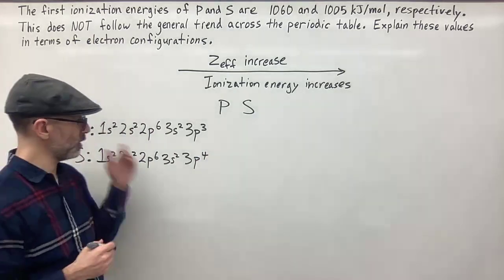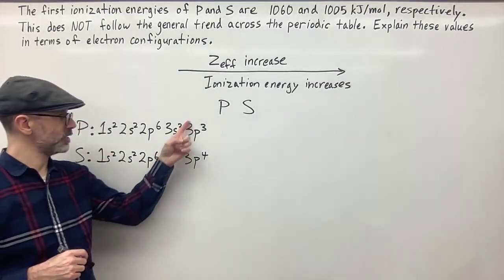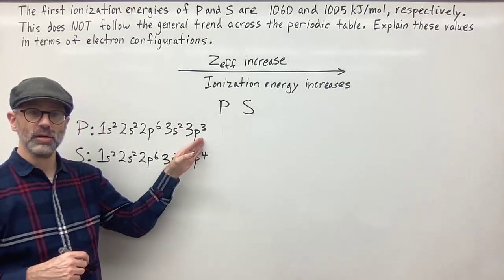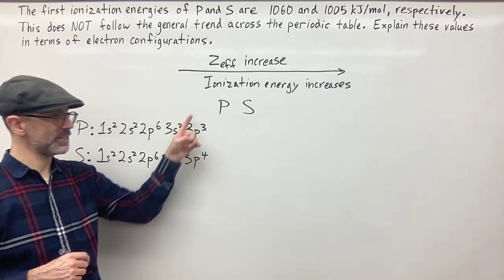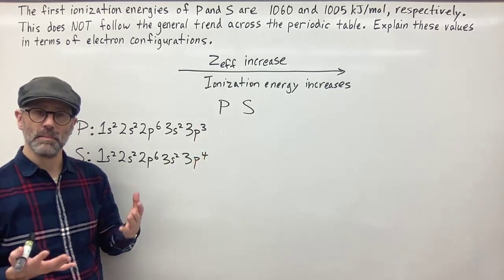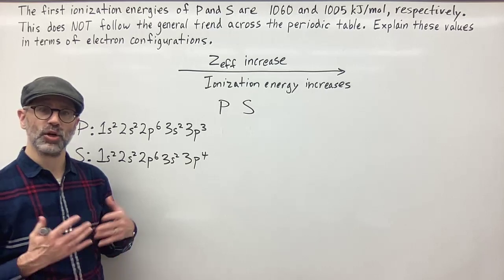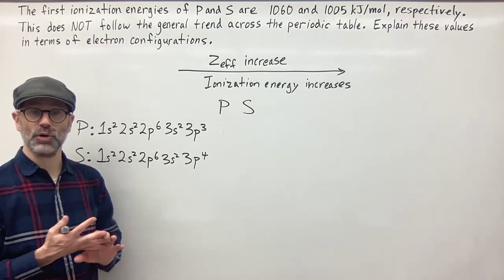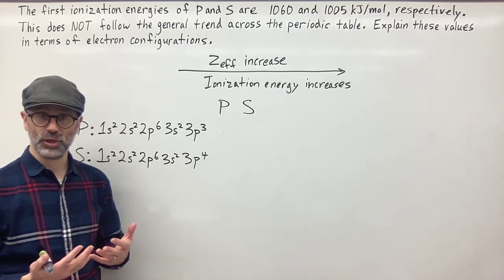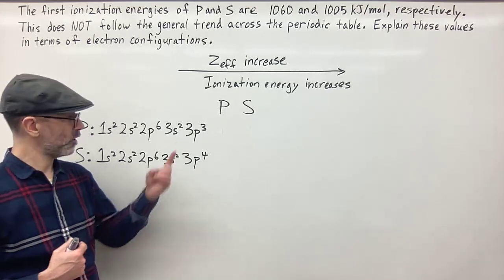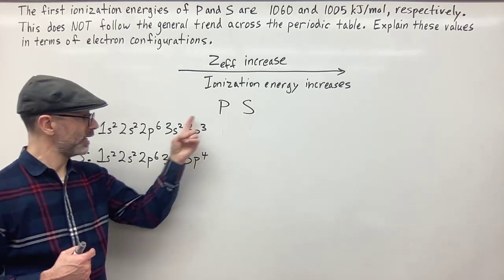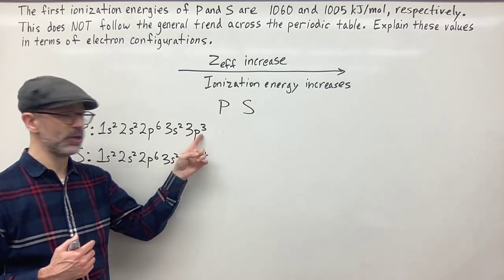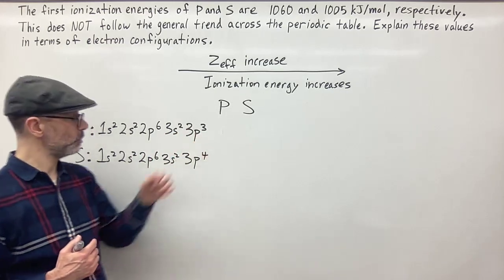So notice here that for phosphorus, the p subshell has 3 electrons. Well, what's the most electrons that a p subshell can hold? It's 6. Why? Because the p subshell has 3 p orbitals. Each orbital can hold 2 electrons, so therefore the maximum is 6. And here we have a half-filled sublevel at the p.